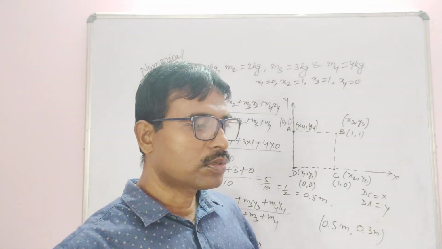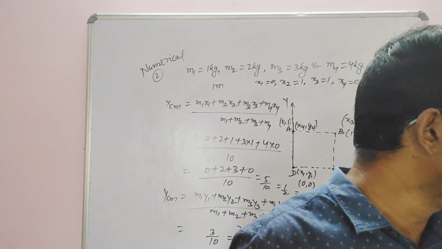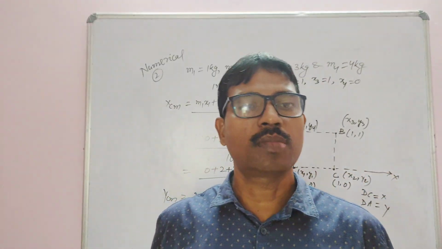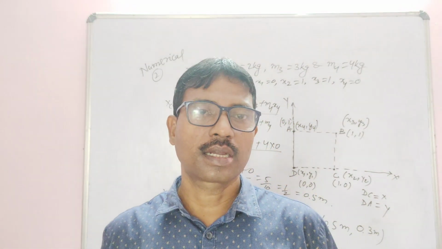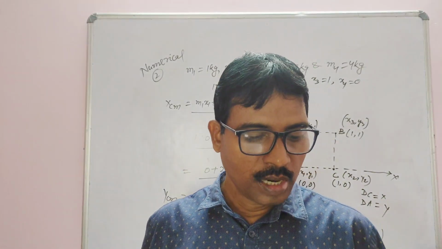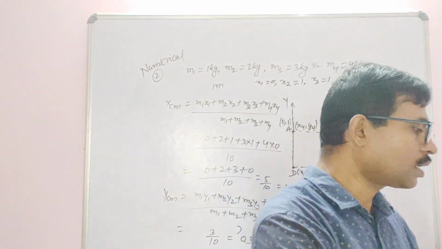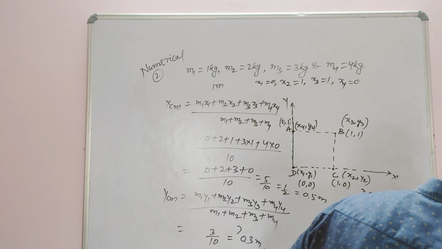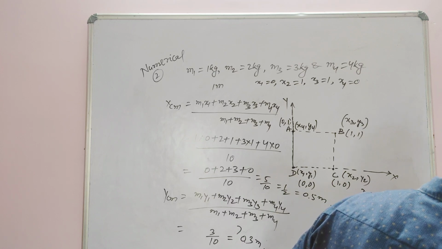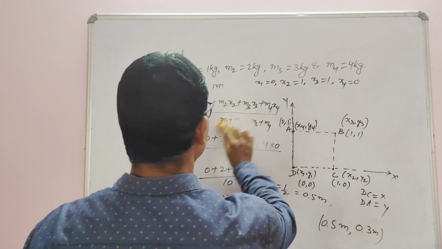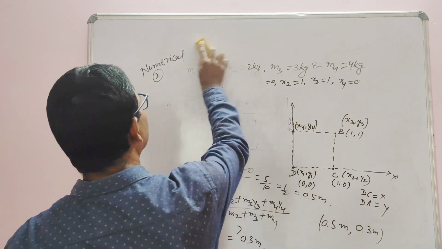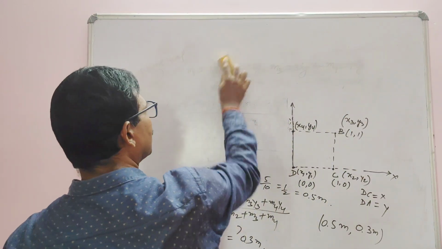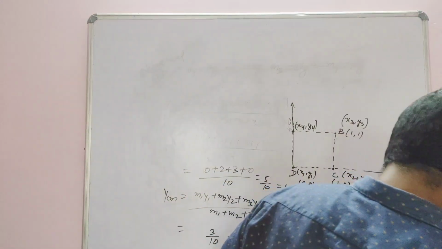Another question I am giving you, a numerical. Two particles of mass m1 100 gram, m2 200 gram, and the position vectors are given. Just try to write that one. Okay, how much is it coming, just see.